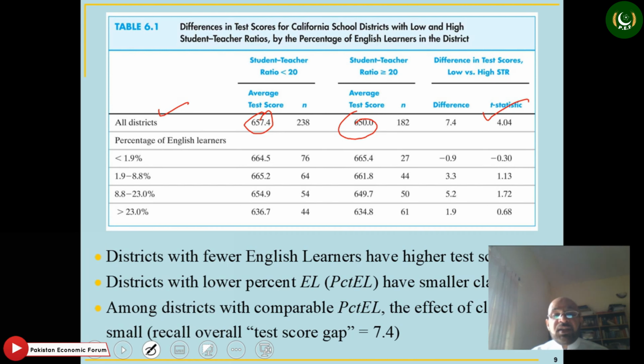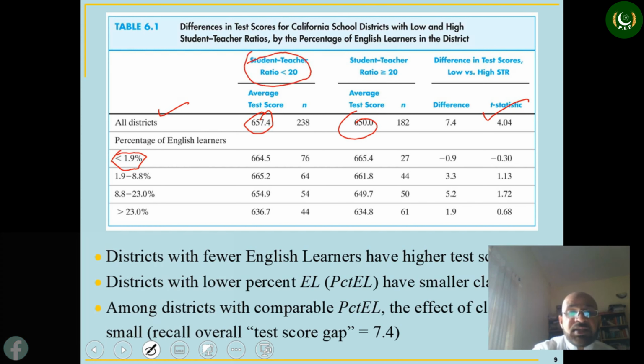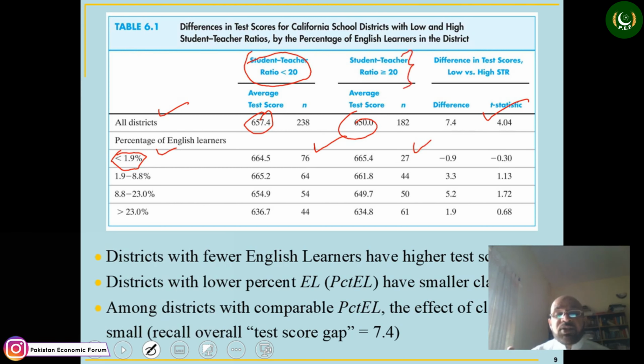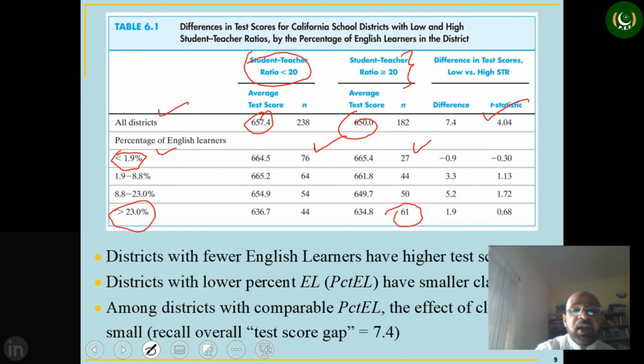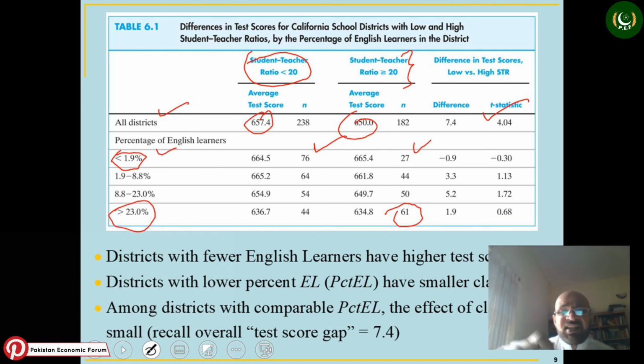Now, percentage of English learners when they are less than 2%. We see that where the class size is small, percentage English learners are small, there are 76 schools, and there are 27 schools only where you have low percentage student teacher ratio and high class size. There are 61 schools where you have high percentage English learners and high class size.